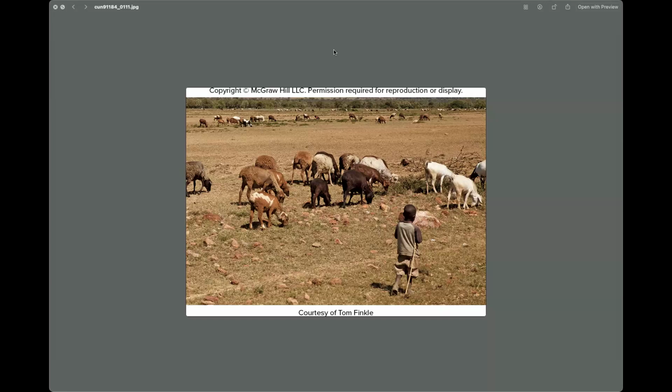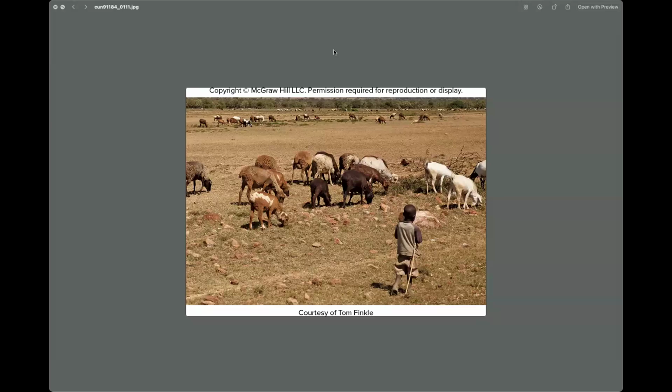The very poor are often forced to live in degraded, unproductive areas where they have little access to sufficient clean water, diet, medical care, and other essentials for humane existence. So this little boy is taking care of these sheep and goats. In the background, I think there are cattle, possibly. And it's not unusual for pastoral people, for rural people in the global south, for children to have tasks, for children to be economically valuable.